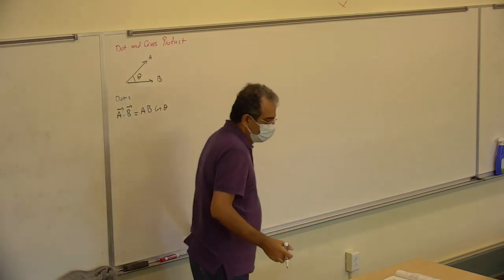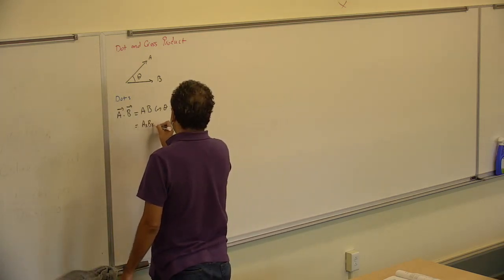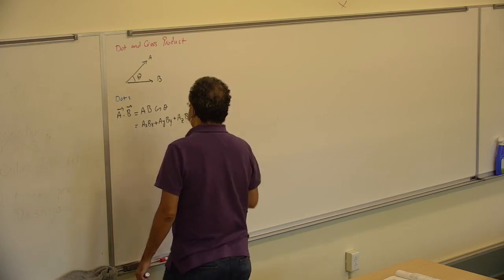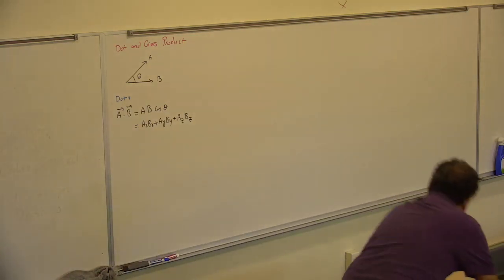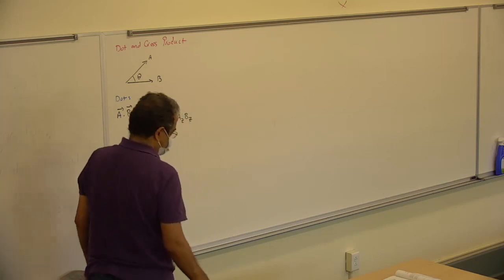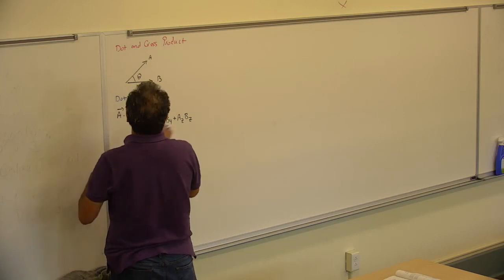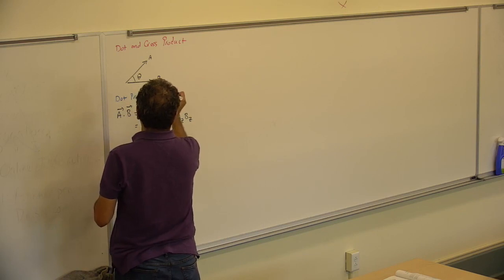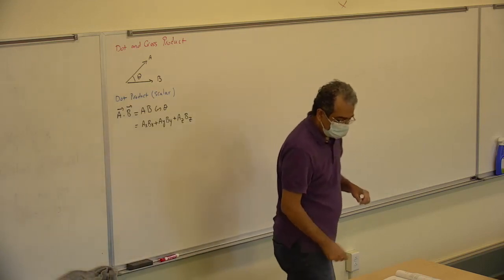That's one way we could write it, or with the components: AX BX plus AY BY plus AZ BZ. The dot product is a scalar; whatever you get out of it will be a scalar.